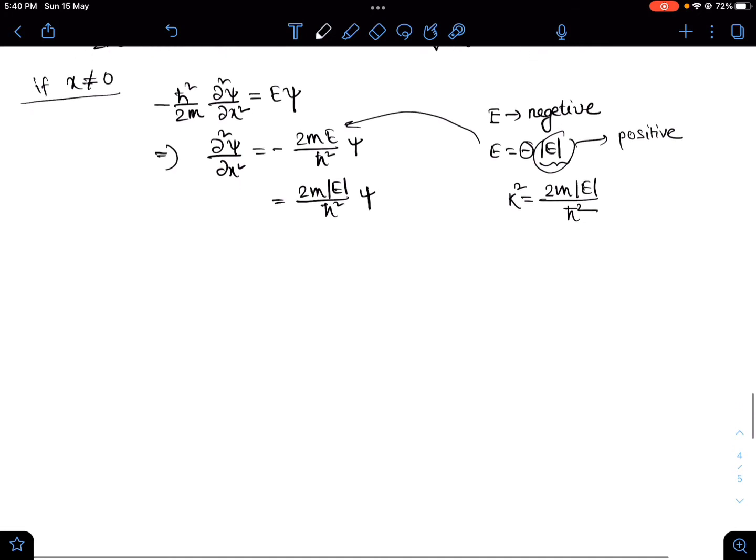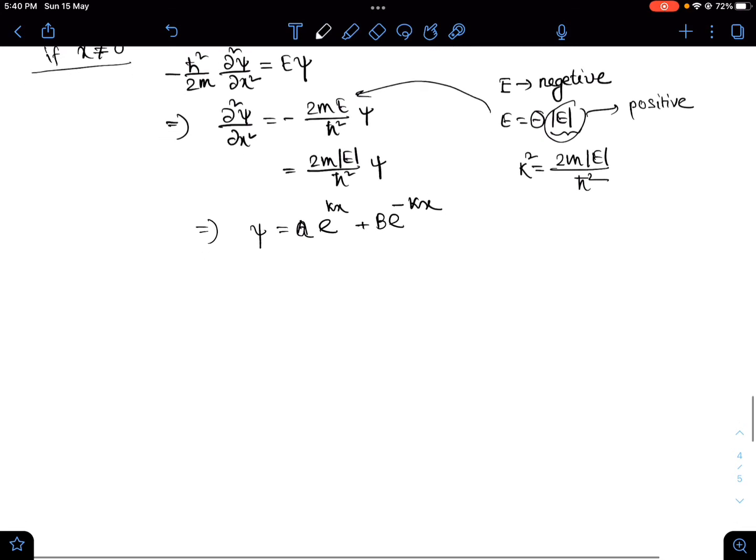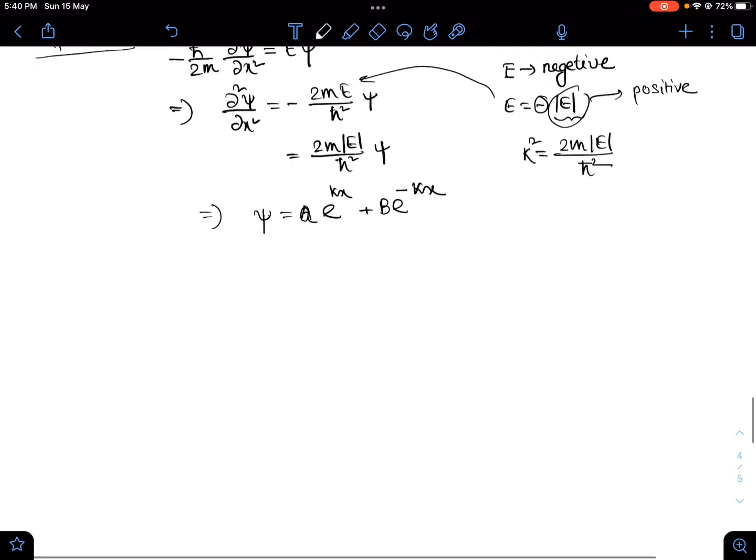So this is our k squared. So we can write psi to be, suppose, a e to the power kx plus b e to the power minus kx. So that is our wave function for x not equal to 0.